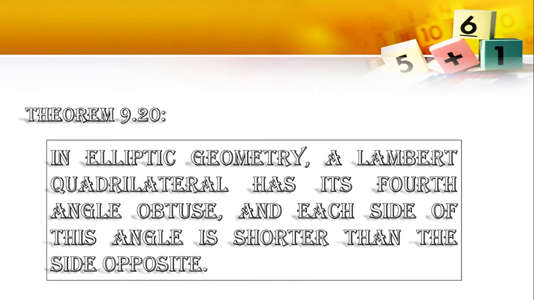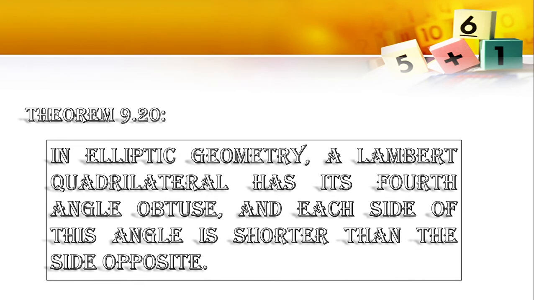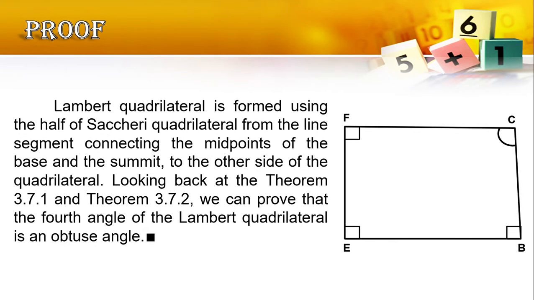Now let's go to theorem 9.20, which is in elliptic geometry: a Lambert quadrilateral has its fourth angle obtuse, and each side of this angle is shorter than the side opposite. So here's the proof. A Lambert quadrilateral is formed using half of a Saccheri quadrilateral from the line segment. If we go back to the figure in theorem 3.7.1, the half there is FEBC.